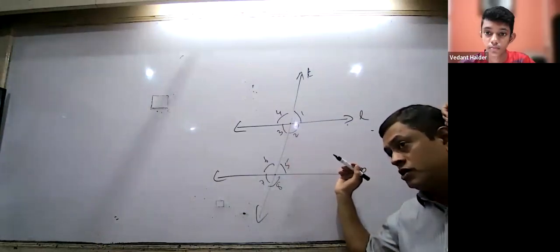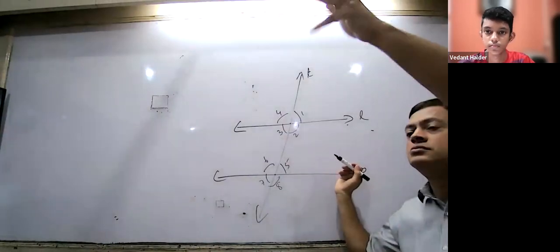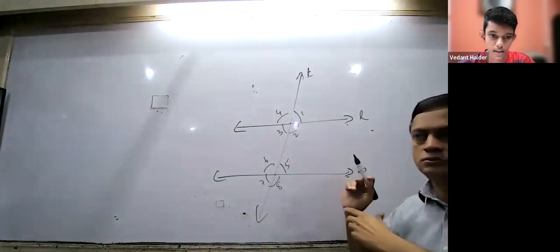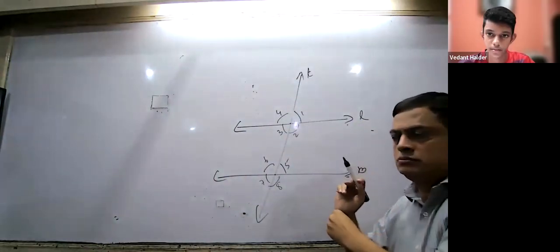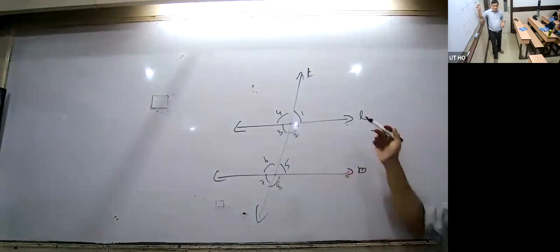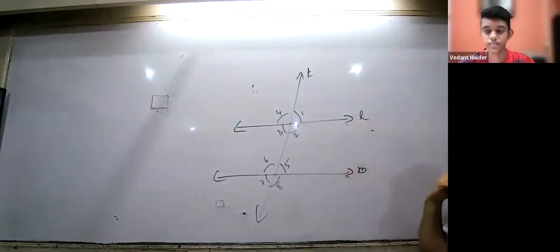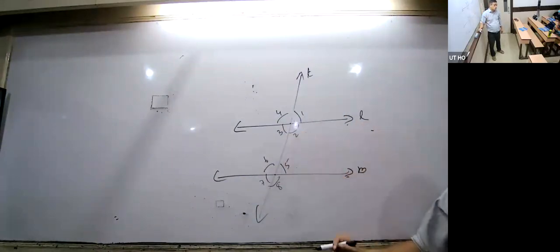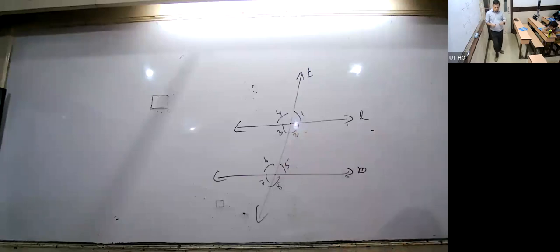What is the property of consecutive interior angles? The sum of the interior angles is 180 when the lines are parallel. So for consecutive interior angles 2 and 5, 3 and 6, their sum is equal to 180. Okay, you followed these pairs of angles now.